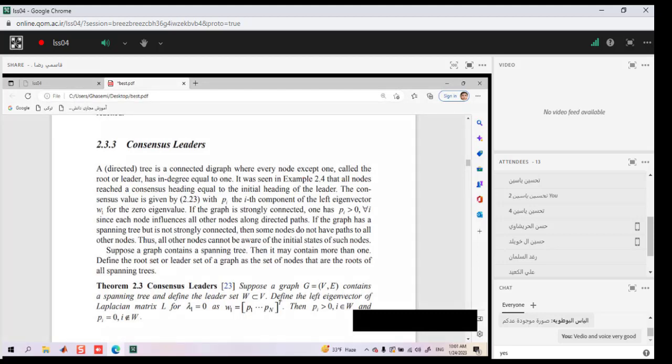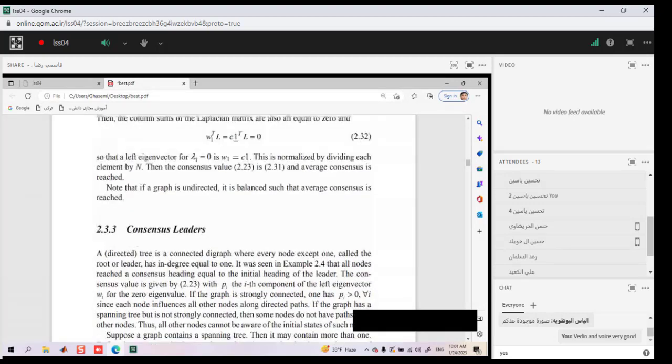If we don't have any leader, for example, if we have three agents with x1 0 equal to 1, x2 0 equal to 2 and x3 0 equal to 6, the mean value is 1 plus 2 plus 6 over 3, which means 9 over 3, which is 3.